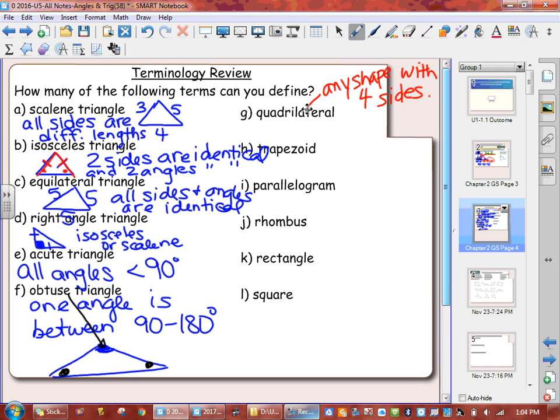Now, trapezoid, there's different kinds of trapezoids. One can look like this, basically like a doorstop, kind of like a shoe. And other trapezoids can look like this, where they've got angles on both sides, and they can be different. One of them could have a 90, and one may not.